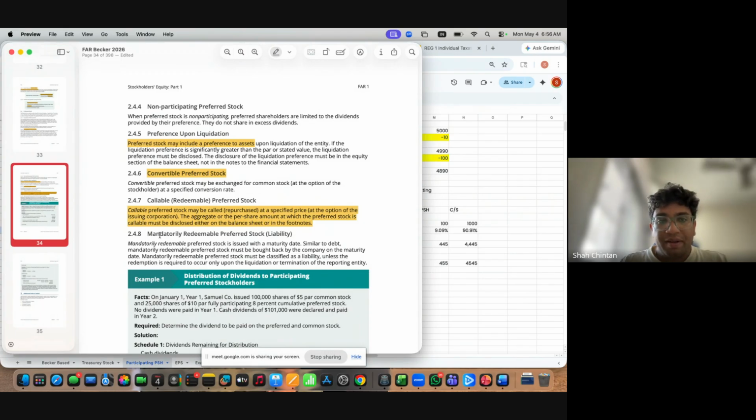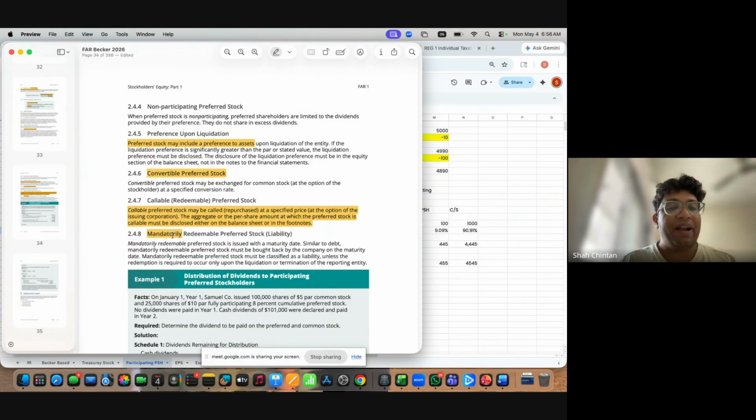The last one, very important. The word is mandatorily redeemable preference share. MCQ में हर बार आएगा. What is this? ये preference shares है, but these are not preference shares from the accounting point of view. इसको आप as a liability treat करोगे. Why? Because as per law, these are mandatorily payable back to the shareholder.